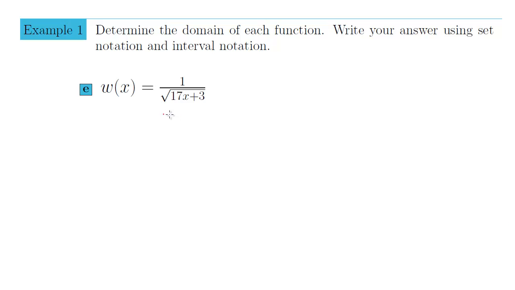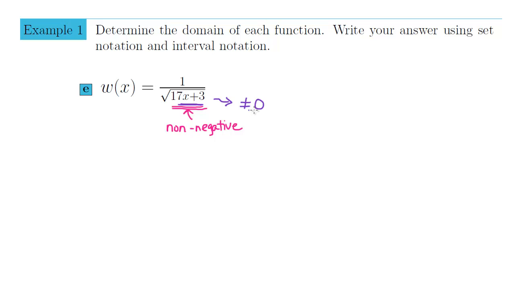So let's first concentrate on the square root part of it. The fact that this is a square root function tells us that what's underneath that square root has to be a non-negative number. But more so, the fact that this is a rational function goes on to tell us that what's underneath can also not be 0.